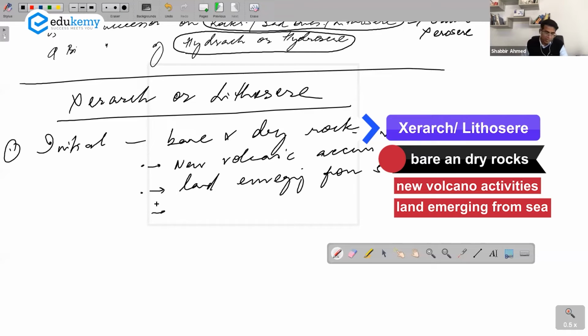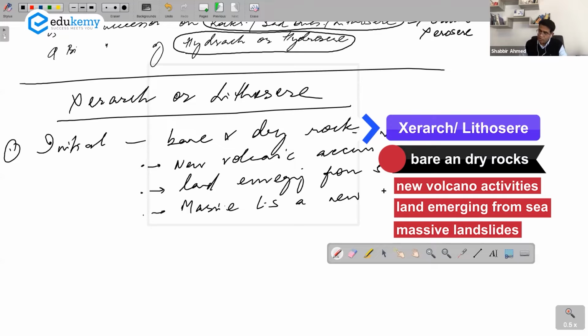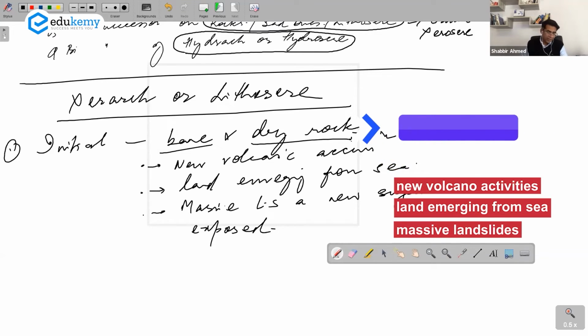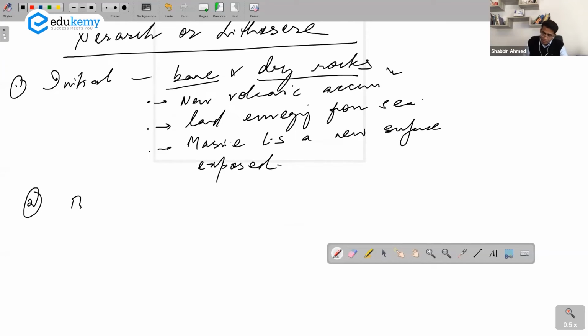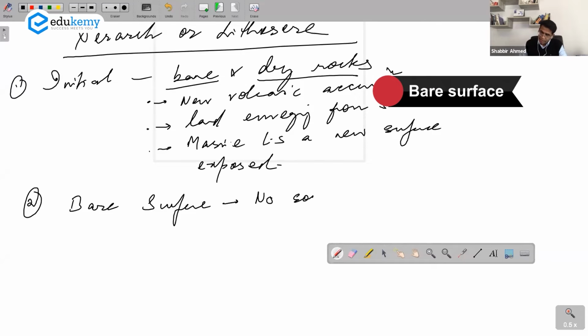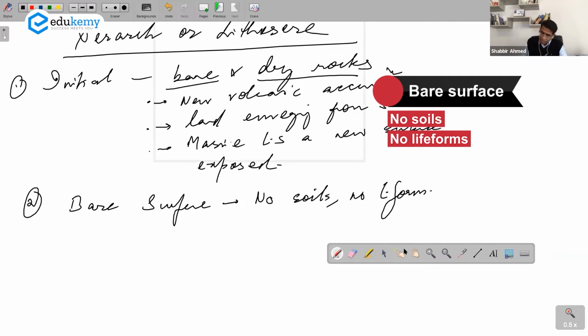It may be because of massive landslides and a new surface exposed. So the starting point is bare and dry rocks. The bare surface has no soil and no life forms. What comes after that?